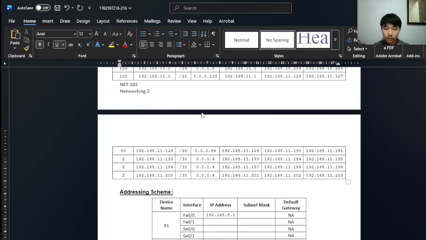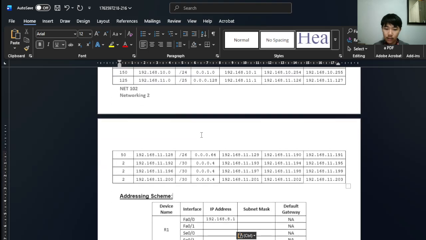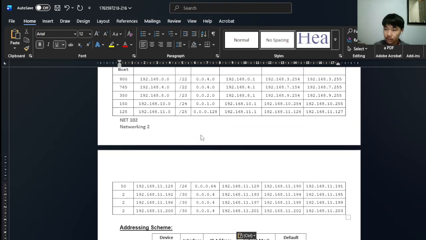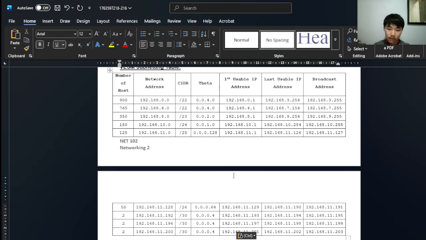Just look for the CIDR. The CIDR for 350 hosts is CIDR /23.